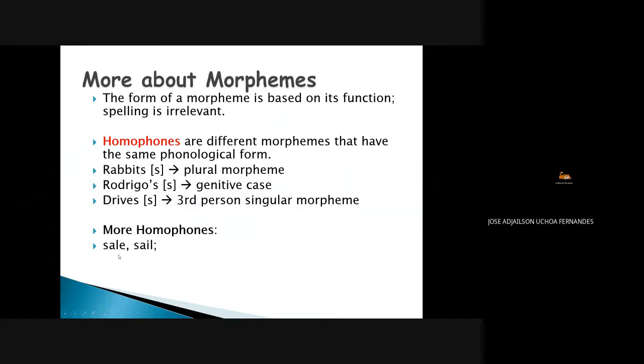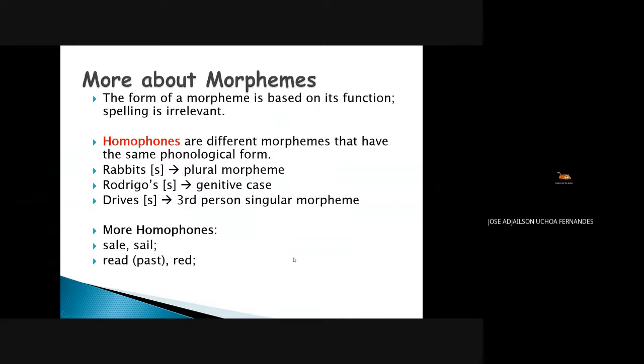formation. Sail, as in the first case here, is a noun. The second one is a verb. So this one can have a plural. This one, when I say sails, I mean third person singular. He sails the ocean and so on. So it's completely different. Or read, put in the past, that we pronounce red, and the color red.